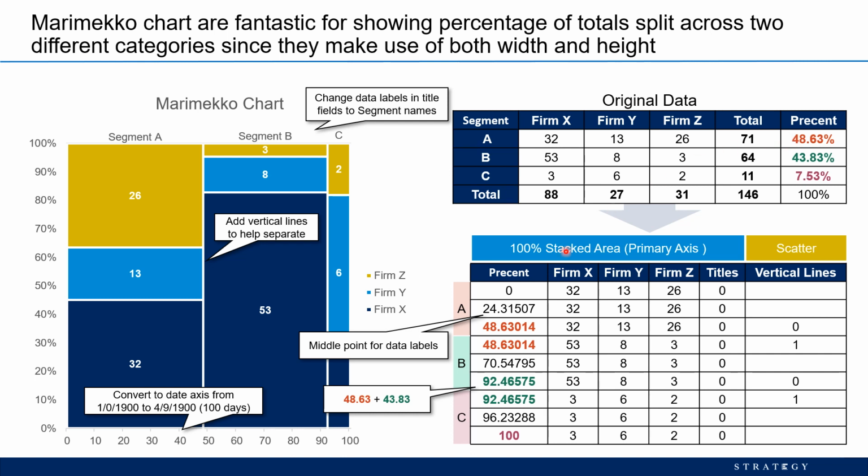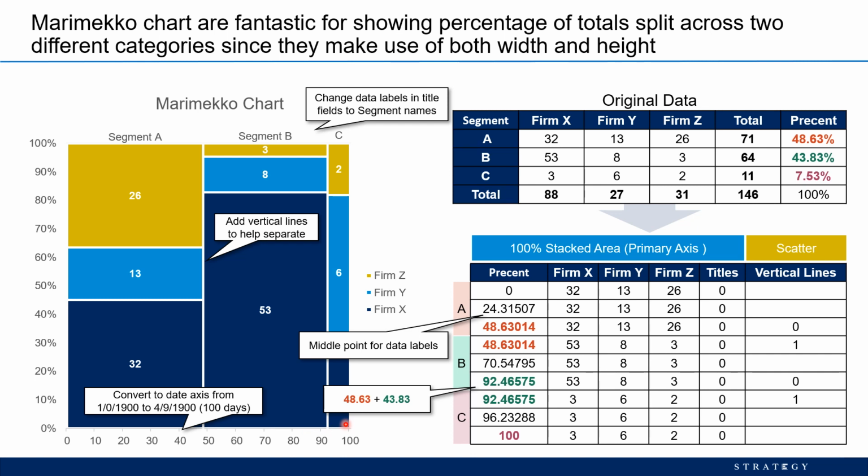So since this segment ended at 48%, I'm going to tell the next segment to start out at 48%. And then I'm going to take whatever that segment's width is. You see here it's 43%, and I'm going to add that on to this 48%, and that's going to come out to 92%.